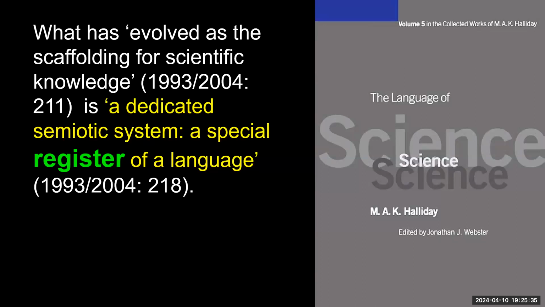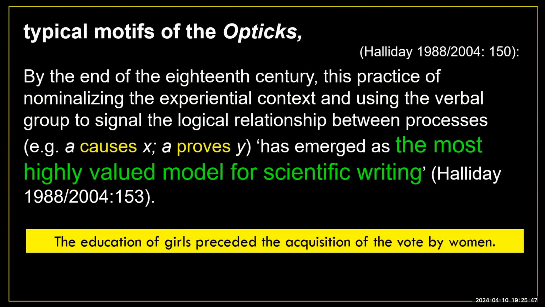We say the language of science, but it's true for the social sciences. It's true for any kind of real academic work. It is a register. So familiarize yourself with what is the nature of this register, academic.